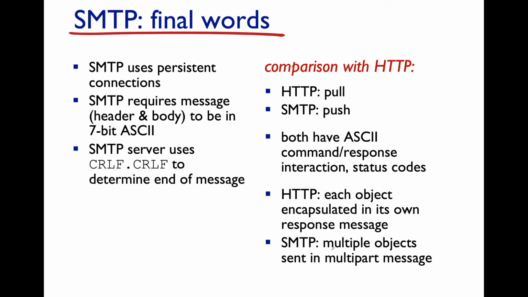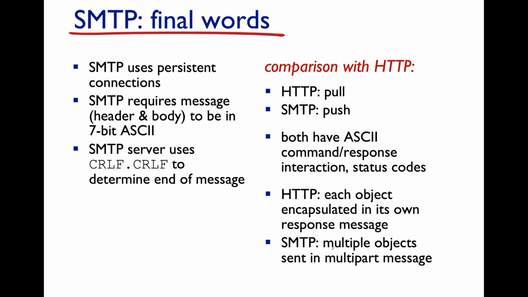And so it uses persistent connections, and these persistent connections stay up, and all of the messages are transferred across these persistent connections. You don't have a unique connection per email that's sent. It keeps this persistent connection.